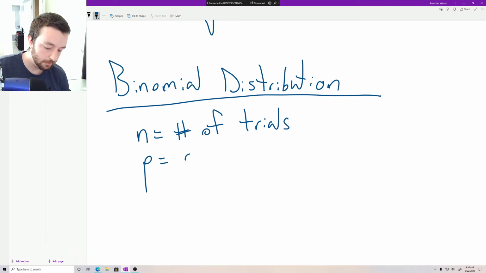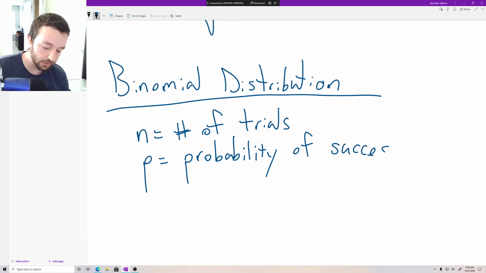Let P be the probability of success, meaning that whatever we're seeing, if it happens, it happens. So if we're seeing how many heads we get when we flip a coin, P would be the probability that we do get a heads, or 1/2.